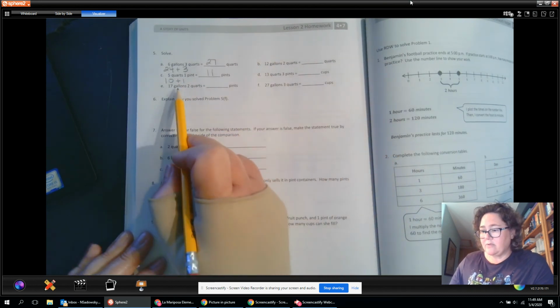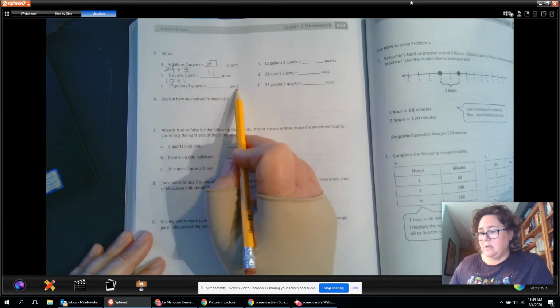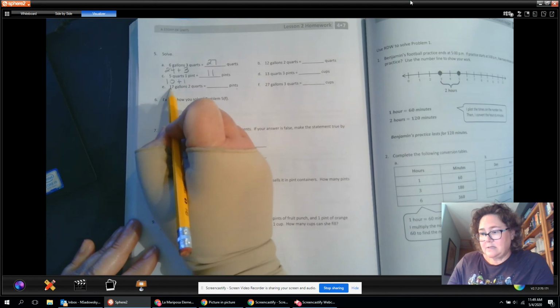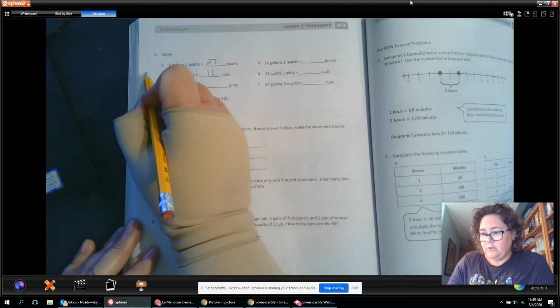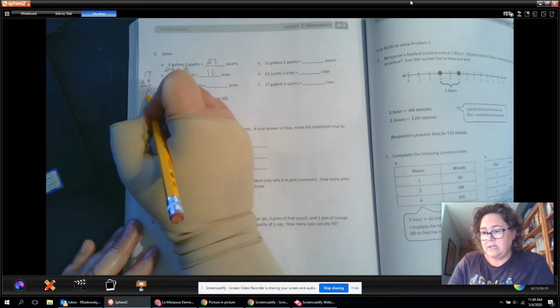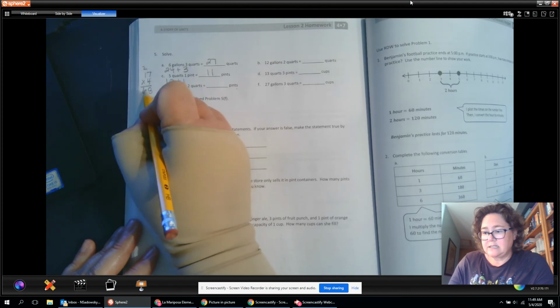Down here, we're going from gallons and quarts to pints. It gets a little crazy. In the gallons, there are 4 quarts to a gallon. So 17 times 4: 4 times 7 is 28, 4 times 1 is 4, plus 2 more, that's 68.